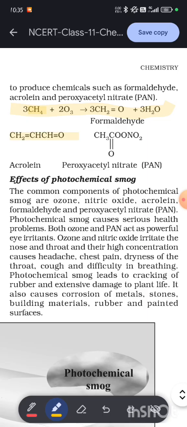Then CH2=CH=O, acetylene, and the next, CH3COO NO2.